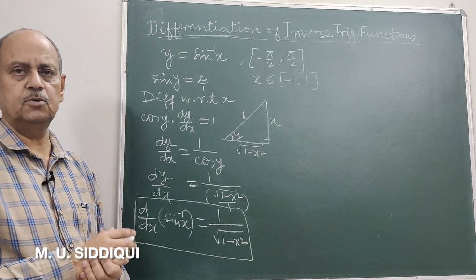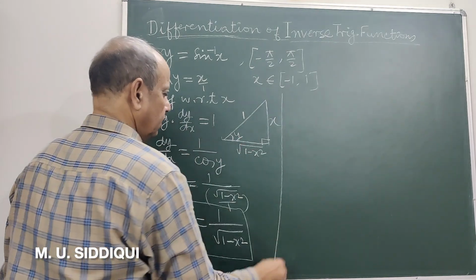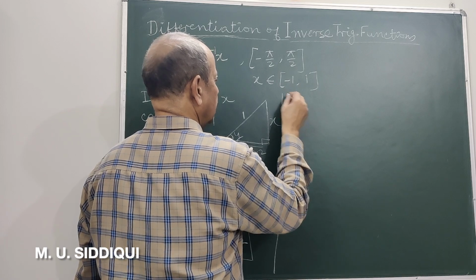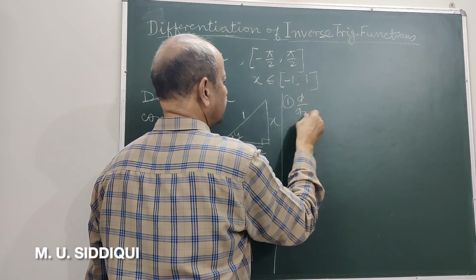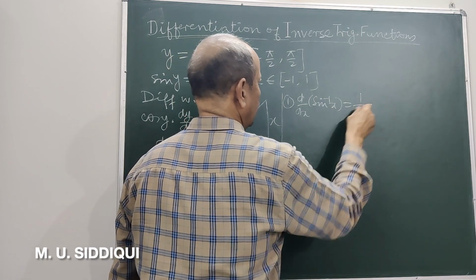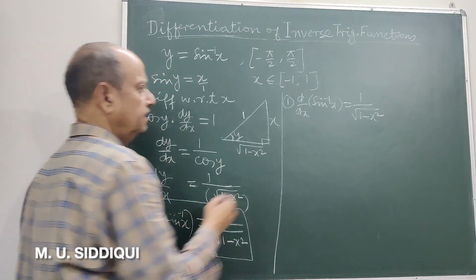Same way you can try others also. I am just putting them here before we go to the questions from the exercises. So you got the first one, that d dx of sine inverse x is equal to 1 upon root of 1 minus x square. We have obtained that, shown here.